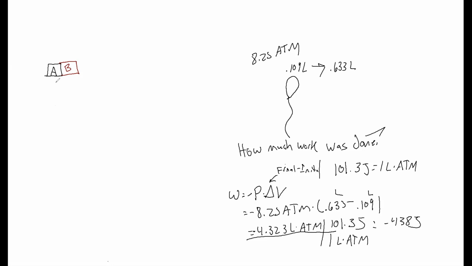Metal A weighs 31.91 grams. Has a heat capacity of 2.92 joules per gram centigrade. And the initial temperature is 82.43.